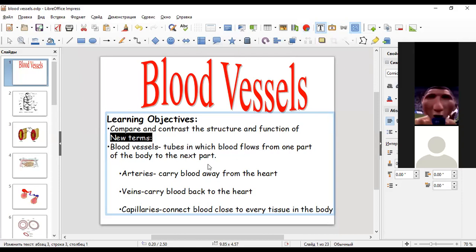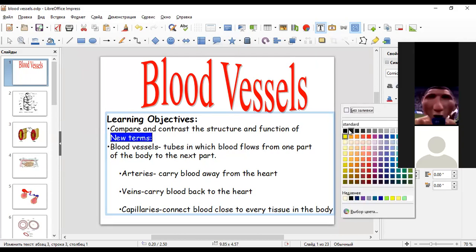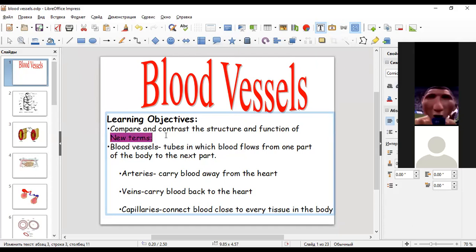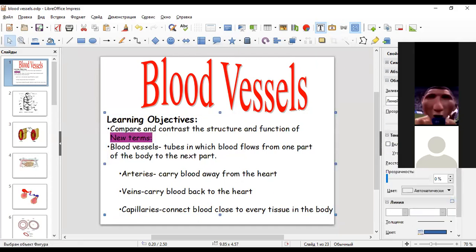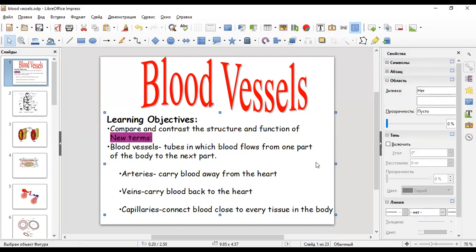So can you read and retell me what is a blood vessel? Tubes in which blood flows from one part of the body to the next. Thank you. You're right. Yes, it's the place where blood flows and carries oxygen to another part. Very good.